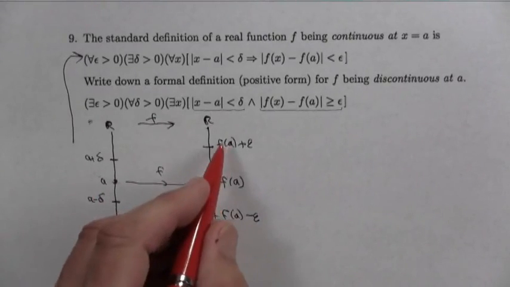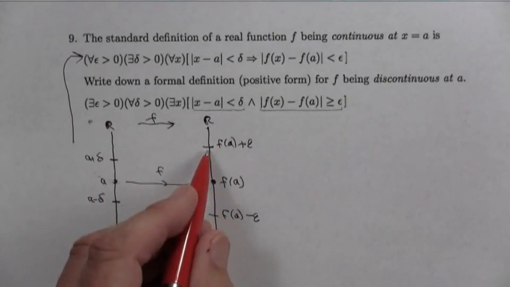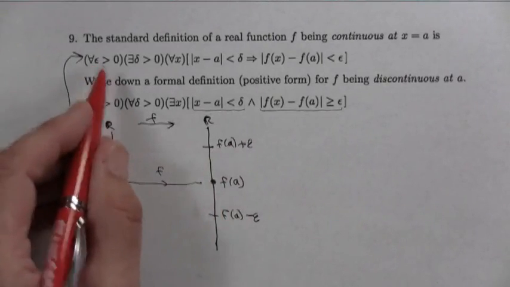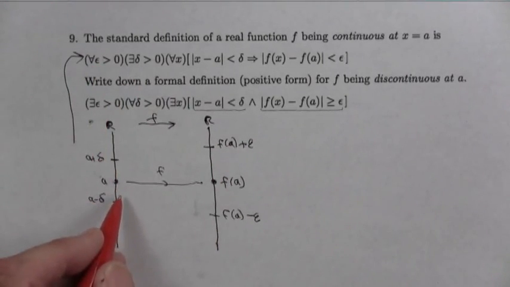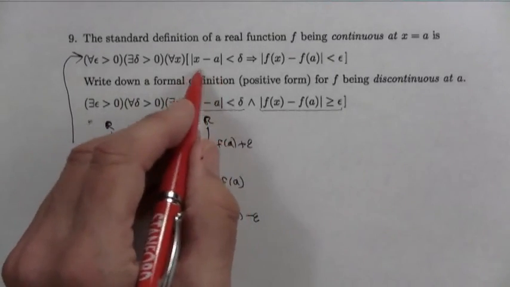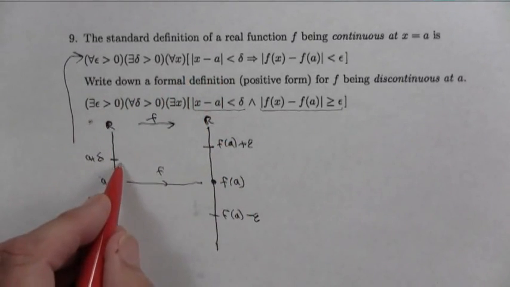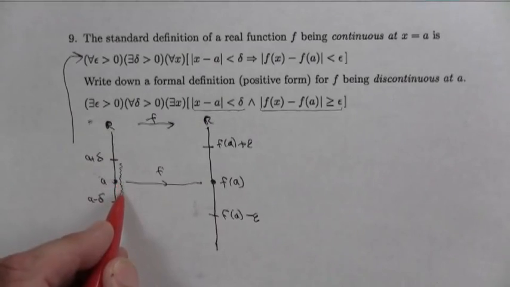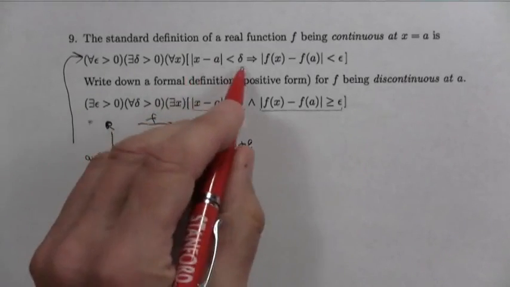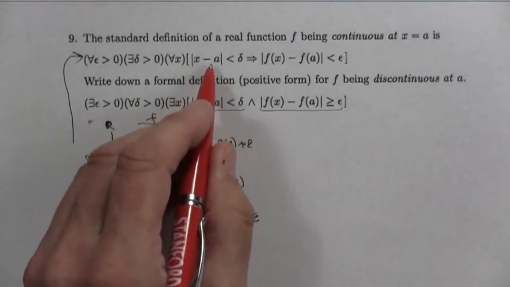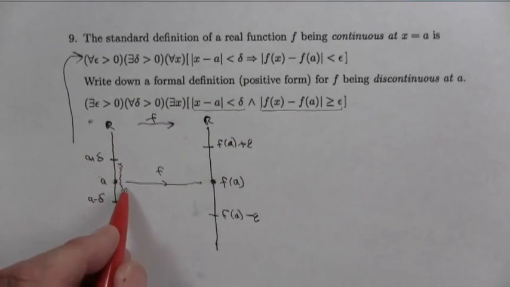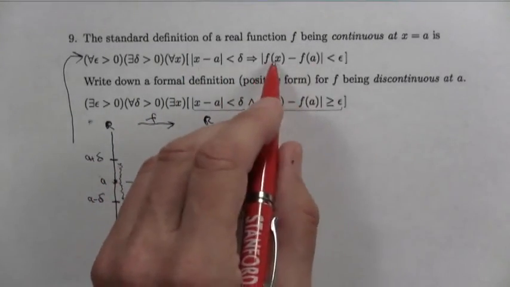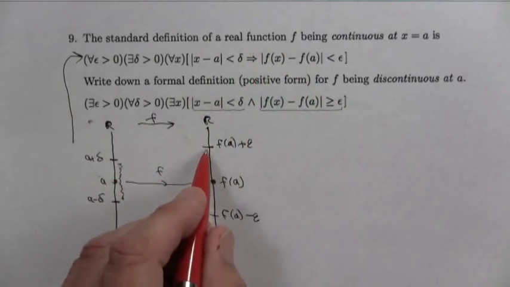Starting with an epsilon, which gives me an interval here, for any one of those, I can find a delta which gives me an interval here, such that, let's look at this, any x in this region, because this says that x is within delta of a, so any x in this interval gets sent to an image f of x in here.